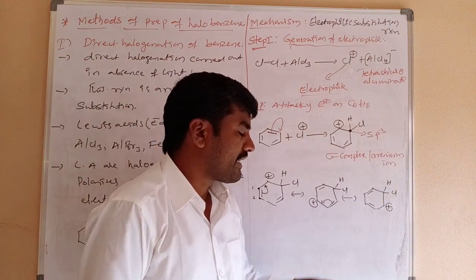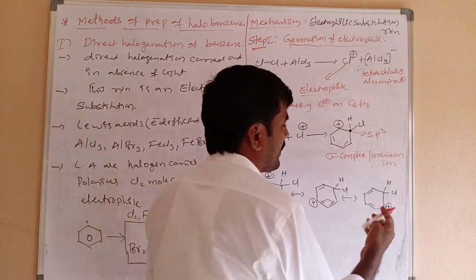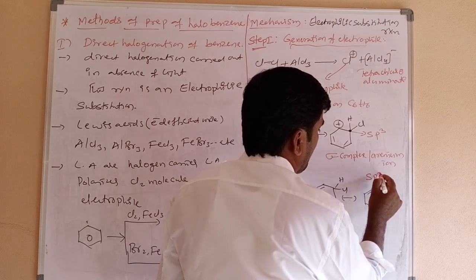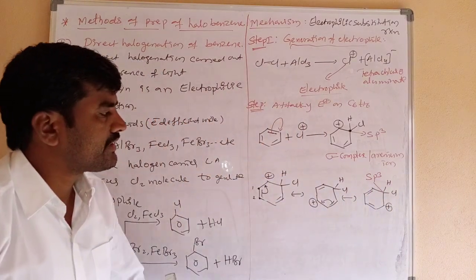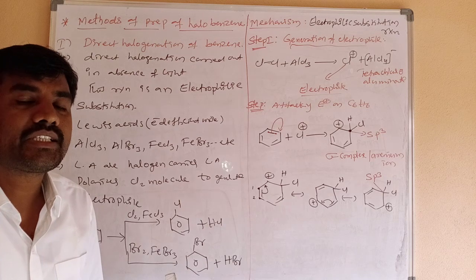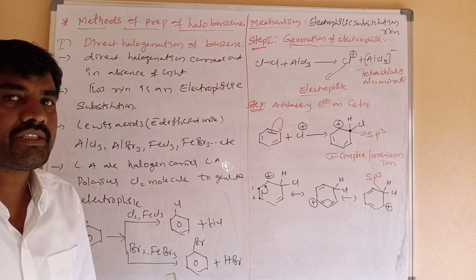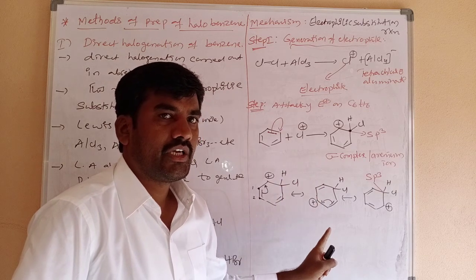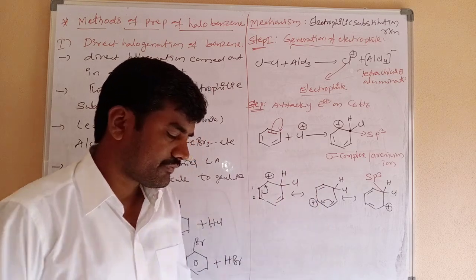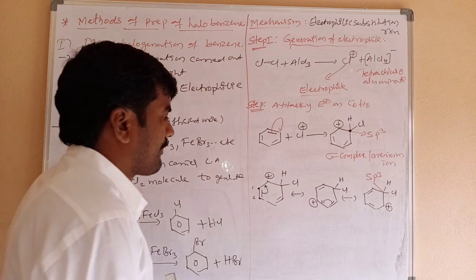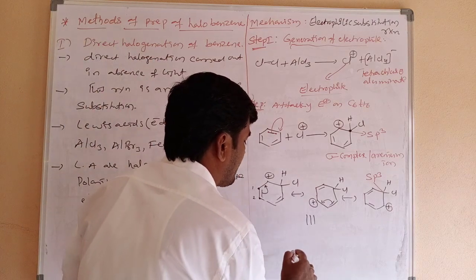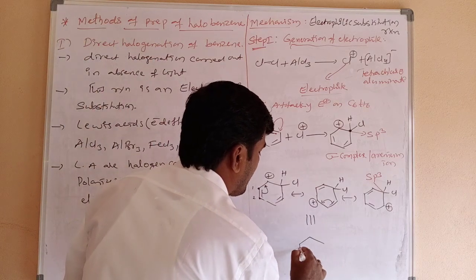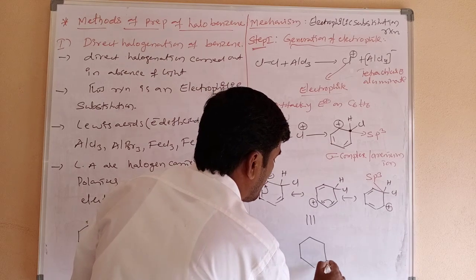Due to the presence of the sp3 hybridized carbon, the arenium ion, the sigma complex, loses its aromatic character, meaning delocalization of electrons stops. Delocalization of electrons is stopped there. So the resonance hybrid for this structure is the delocalization of electrons due to the positive charge.